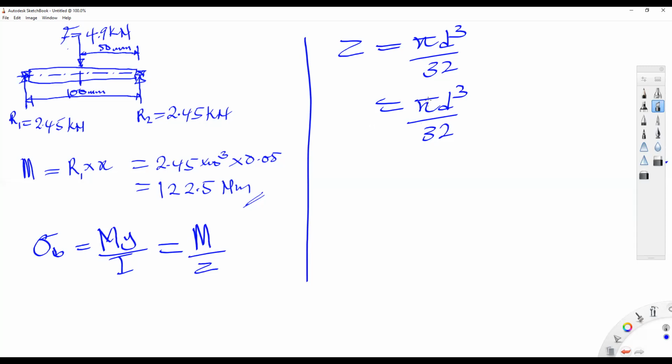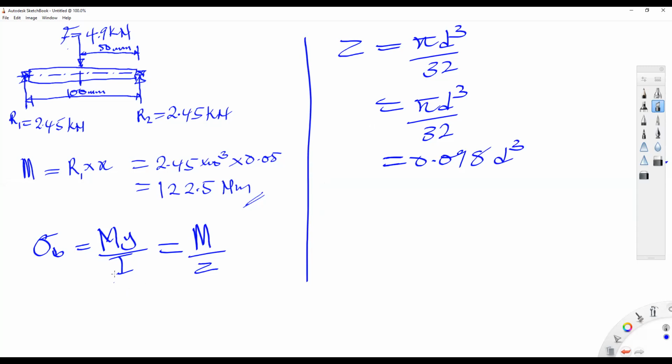Pi on 32 will give us what? What's the value for pi on 32? 0.098. Okay, so it will be in terms of d exponent 3.